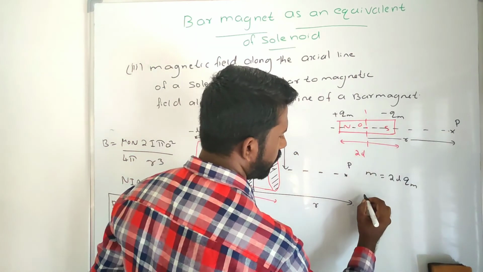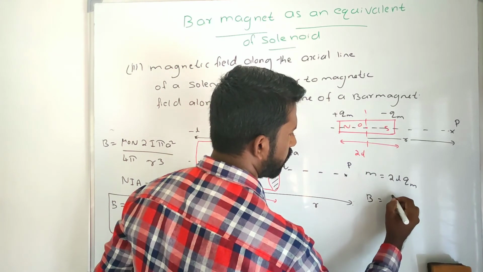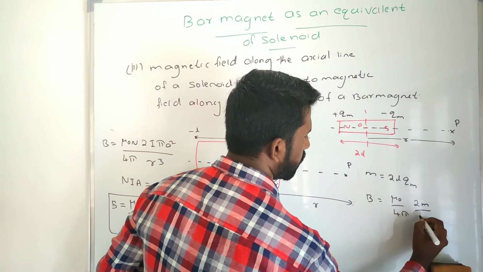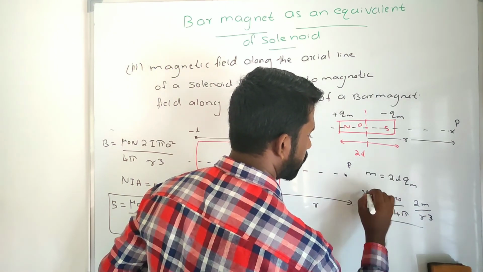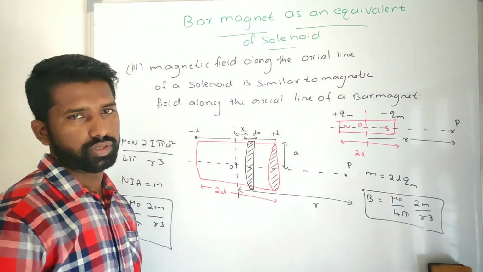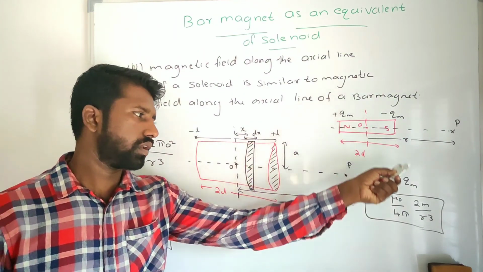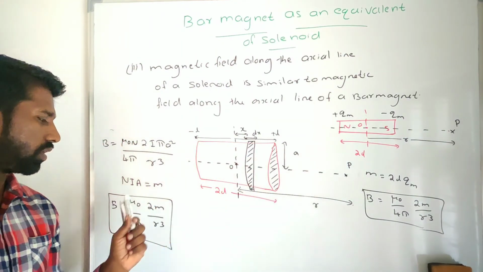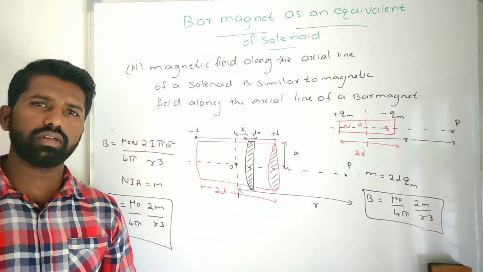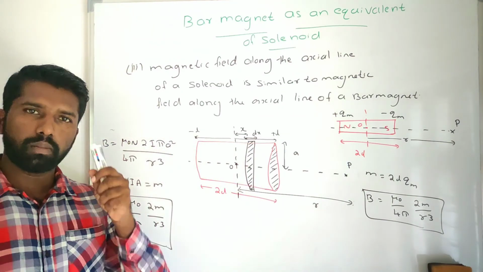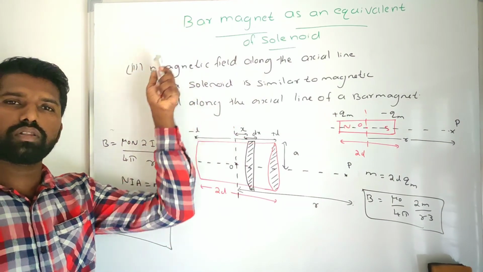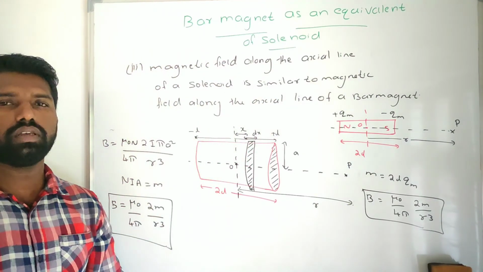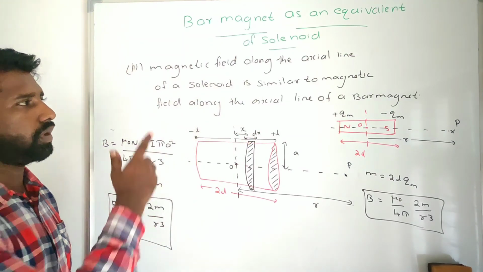Then the magnetic field at the point P is B equal to mu 0 divided by 4 pi into 2M divided by R cube. I am not going into the derivation. This is the magnetic field at a point along the axial line of a bar magnet. You see these two formulas are similar. That means the magnetic field at a point along the axial line of a solenoid is similar to the magnetic field at a point along the axial line of a bar magnet.